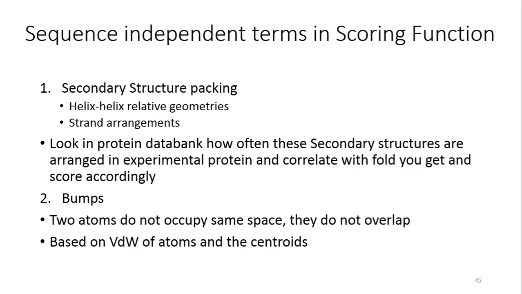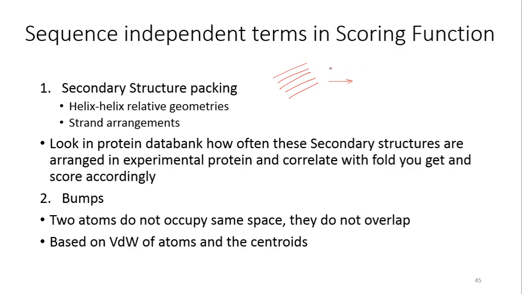Say for example, if there are 6 strands in the structure, then check in PDB how often these 6 strands are arranged in particular ways. You try to figure out how these 6 strands are usually arranged.